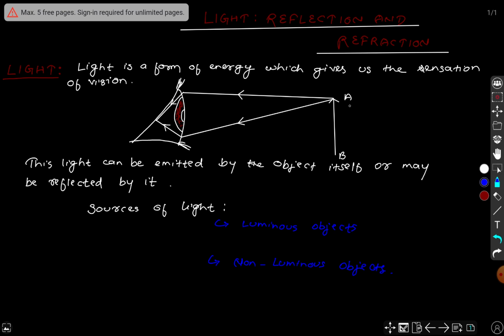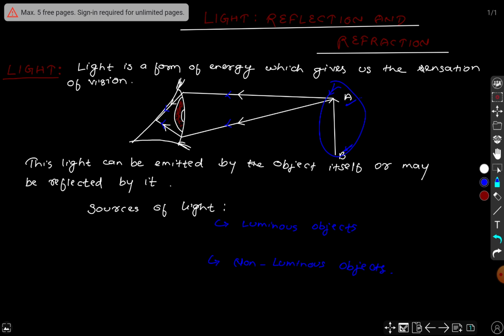Suppose here we have an object AB, then we are able to see the object AB if and only if light rays coming from the object AB enter our eyes. Here light rays coming from the point A of object AB enter our eyes, and the rays after meeting with each other produce the image of the object AB.